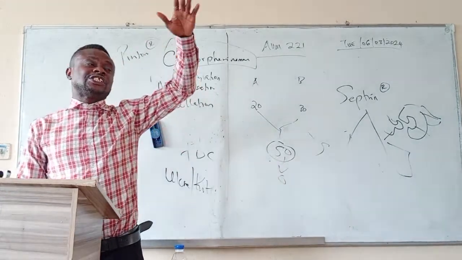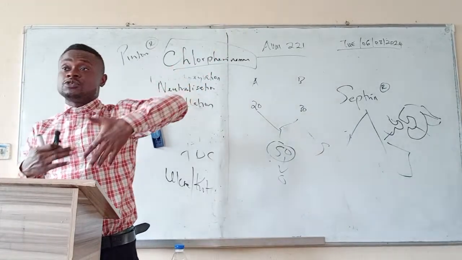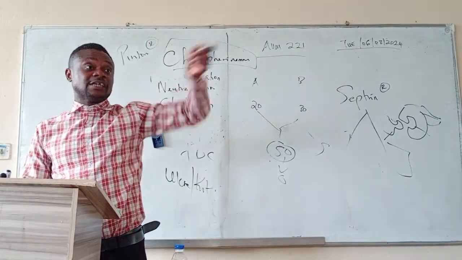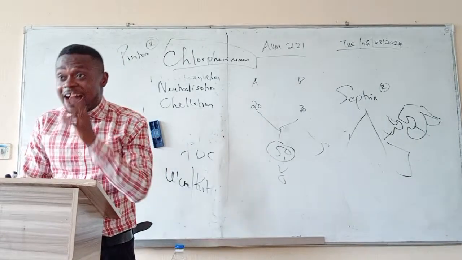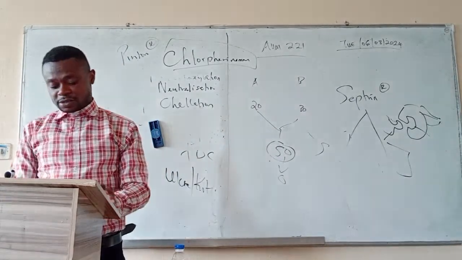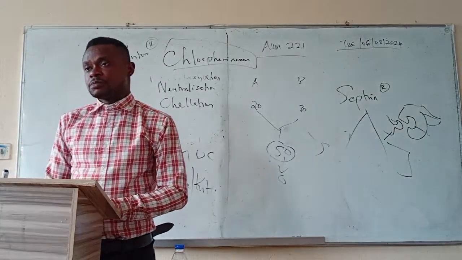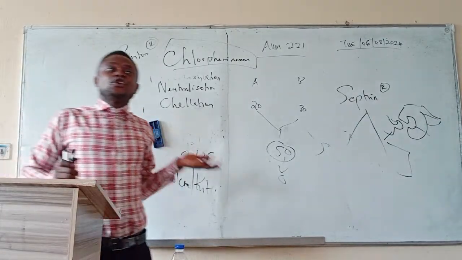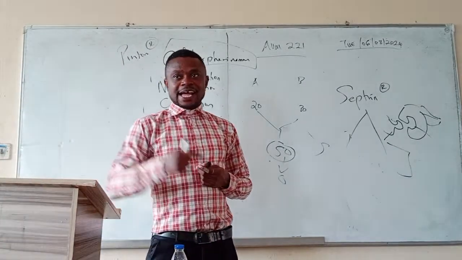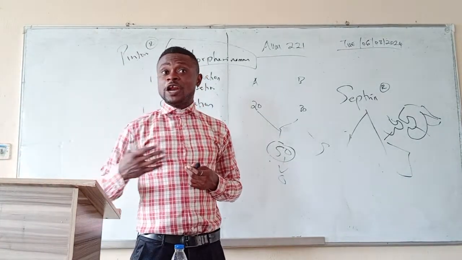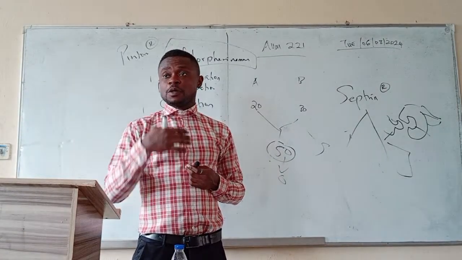Apart from your knowledge of synergism, where you can combine drugs and have a better effect, knowledge of antagonism will help you avoid some combinations that will reduce the efficacy of some drugs. If you know that this drug antagonizes that drug, and there is what is called polypharmacy.